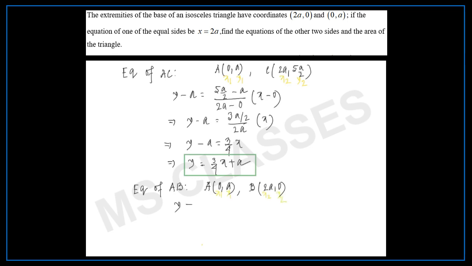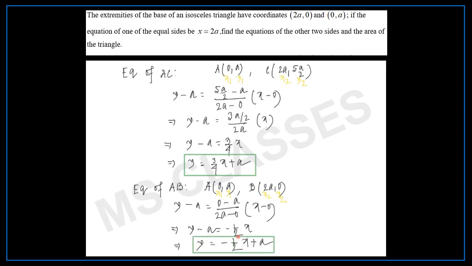So y minus y1 equal to y2 minus y1 by x2 minus x1 into x minus x1. y minus a equal to minus half into x. And this gives us y equal to minus half x plus a. So this is what we have got as the equation of AB. We have got the equation of AC, we have got the equation of AB.